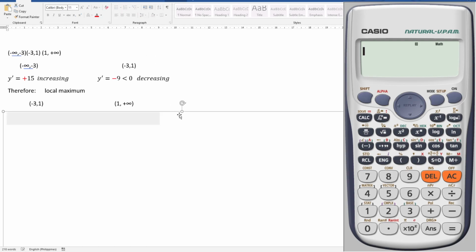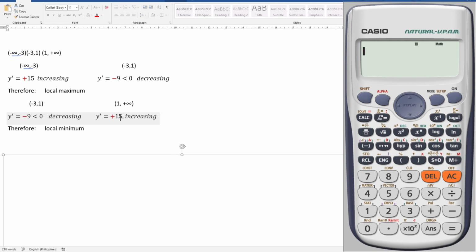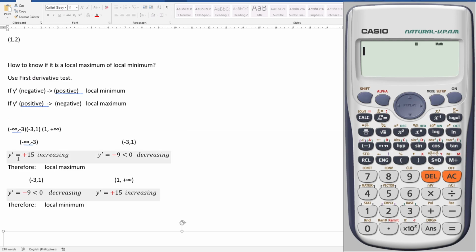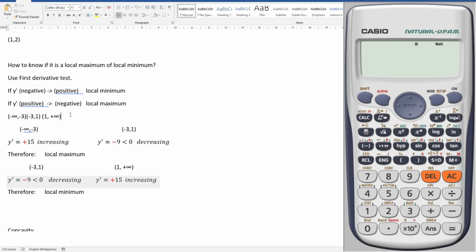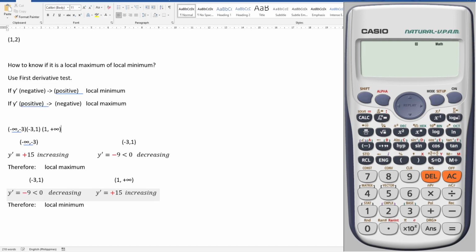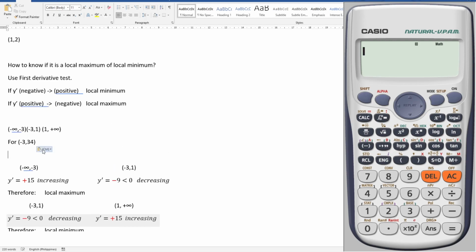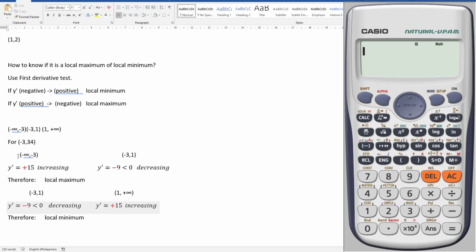So again, we solved this earlier. We have here, for x equals negative 3, I mean, for the point negative 3, 34, right? It is in between negative infinity to negative 3 and negative 3 to 1.